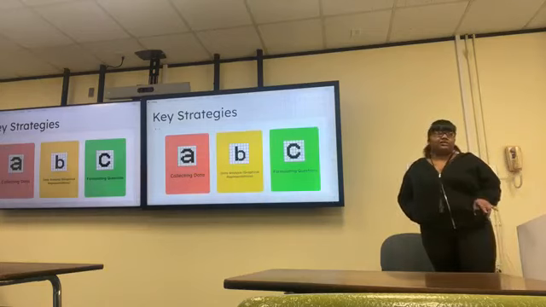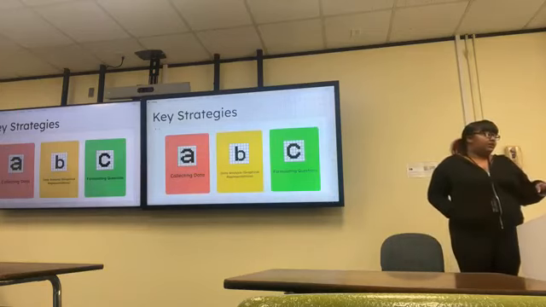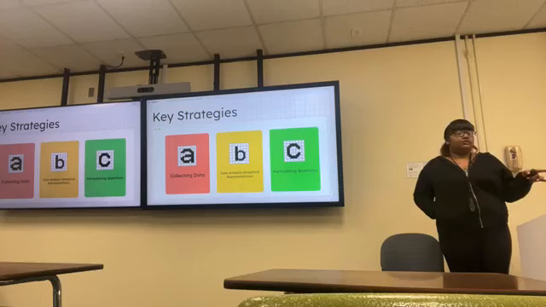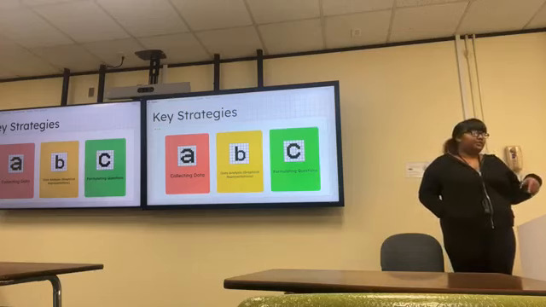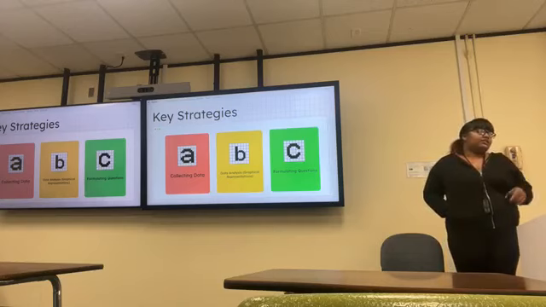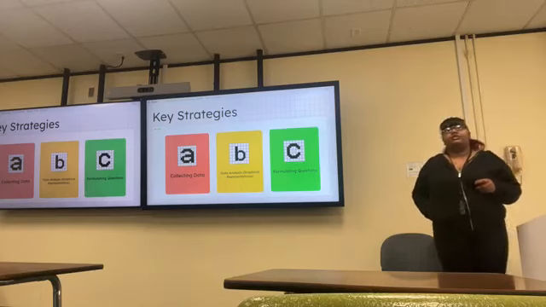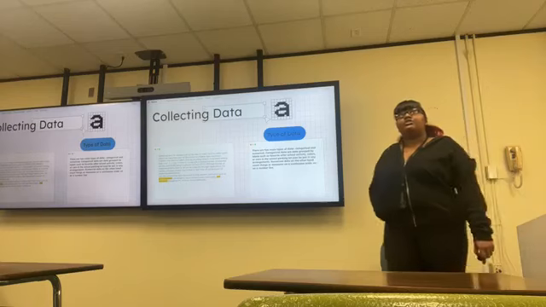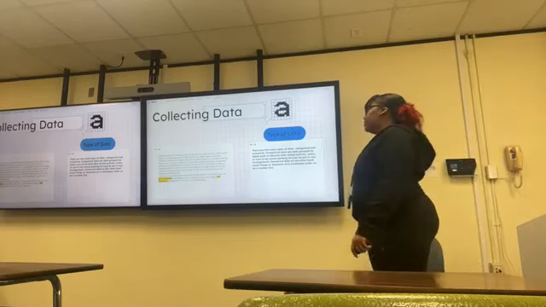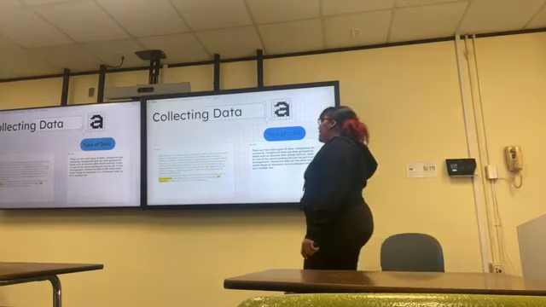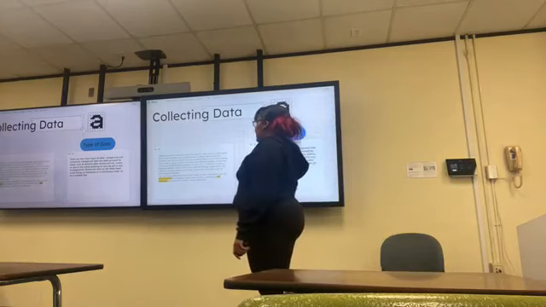Okay, the key strategies that I picked from this chapter are A, collecting data, B, data analysis and graphical representations, and C, formulating questions. So moving on to A, which is collecting data, I have a whole paragraph on it. Gathering data will not be easy for children.